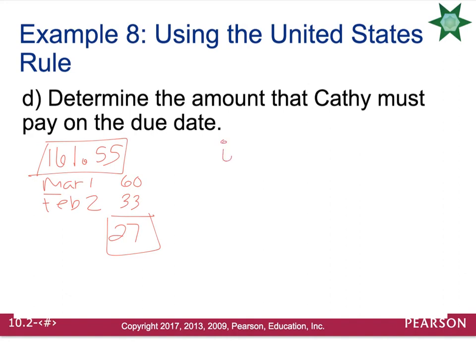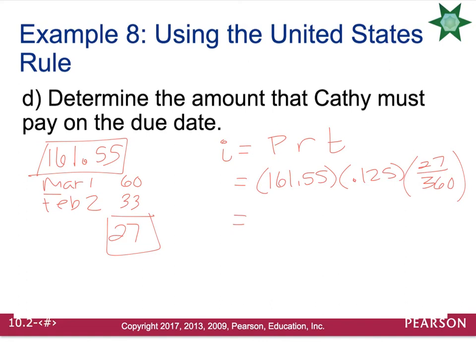So to calculate the interest, we have to do the I equals PRT. Keep in mind her principal is now $161.55. Her interest rate did not change, but now she's had the loan for 27 out of 360 days. We're going to multiply those together. 161.55 times 0.125 times 27 over 360.